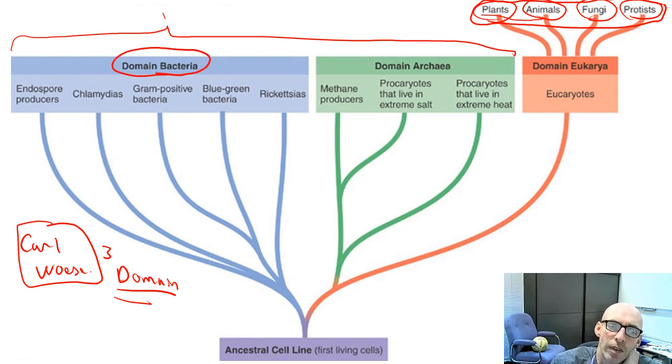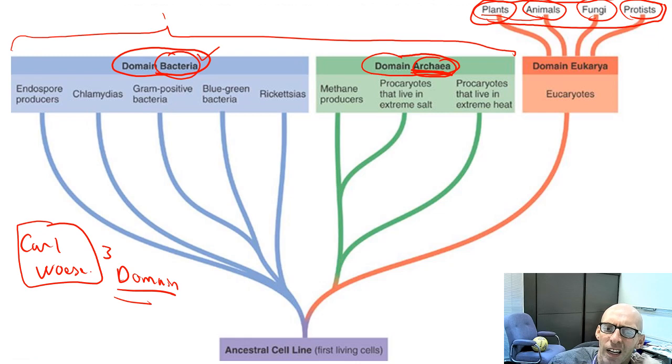These are our everyday bacteria, the ones that cause diseases, the ones that are healthy for our skin and our intestines, loads and loads of bacteria in loads of different places all around the world. But then he said that these ones genetically were so different from them. And these were archaic bacteria. They're known as archaea. So bacteria as one domain, archaea as a second domain.